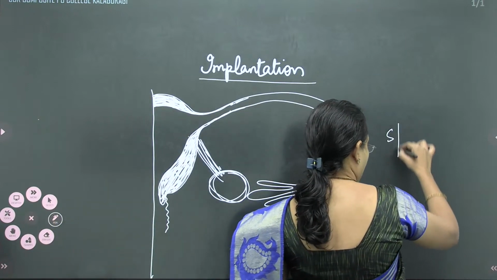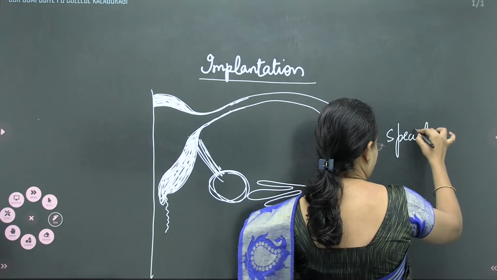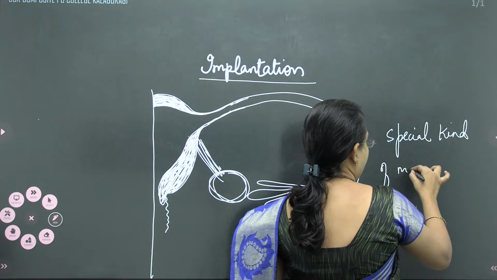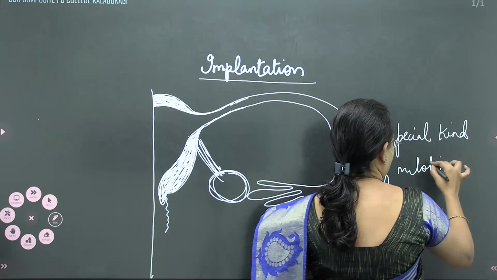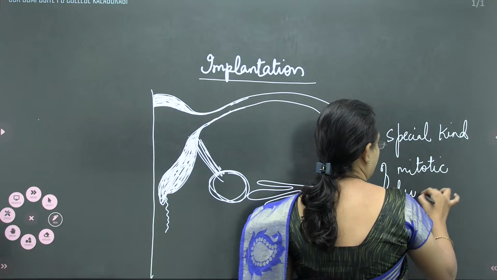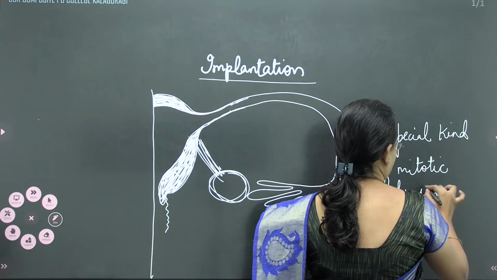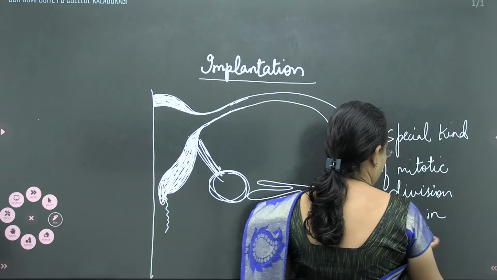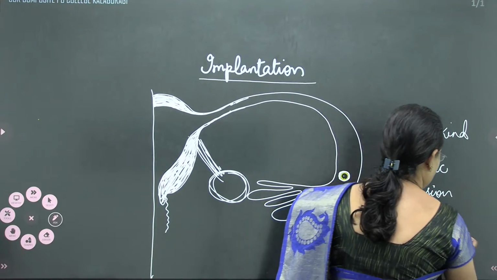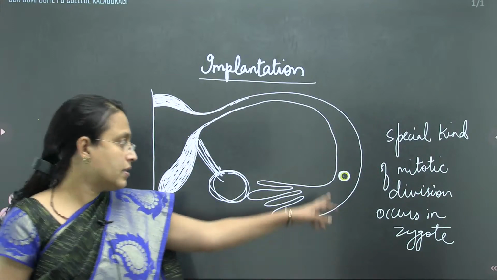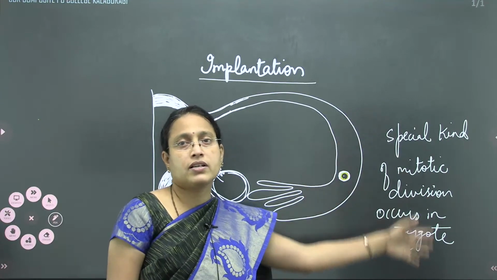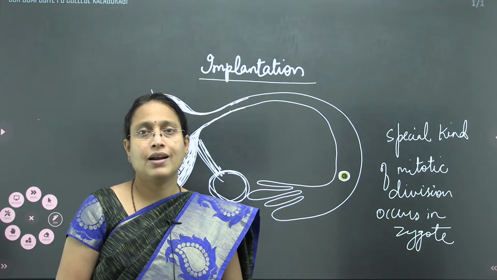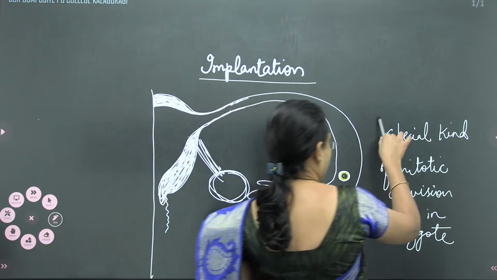So this special kind of mitotic division occurring in the zygote has a term, and that term is called cleavage.